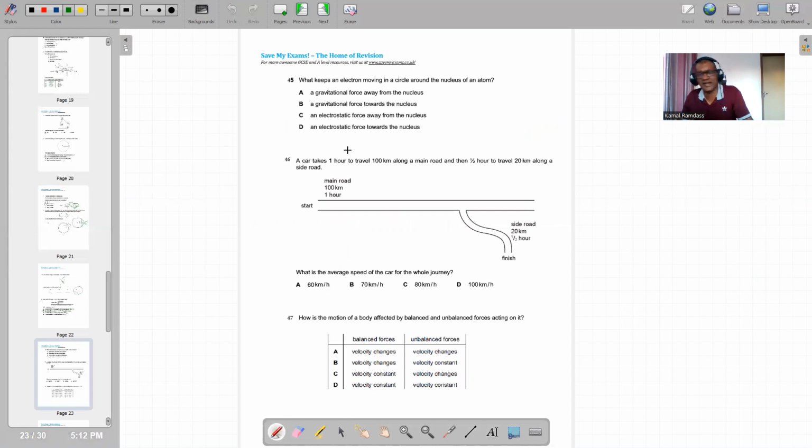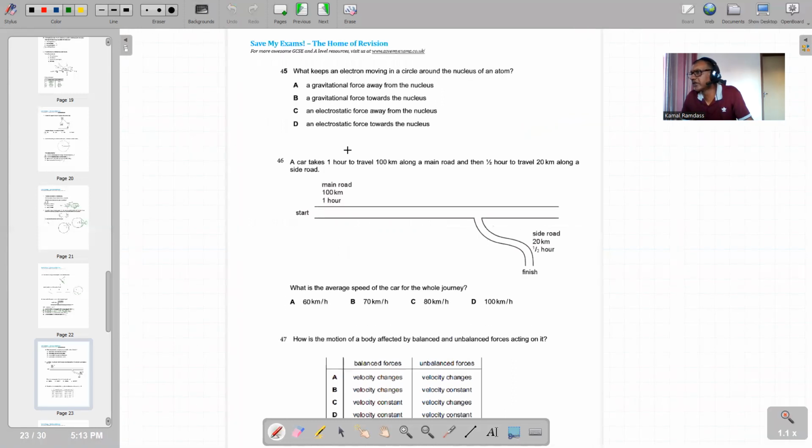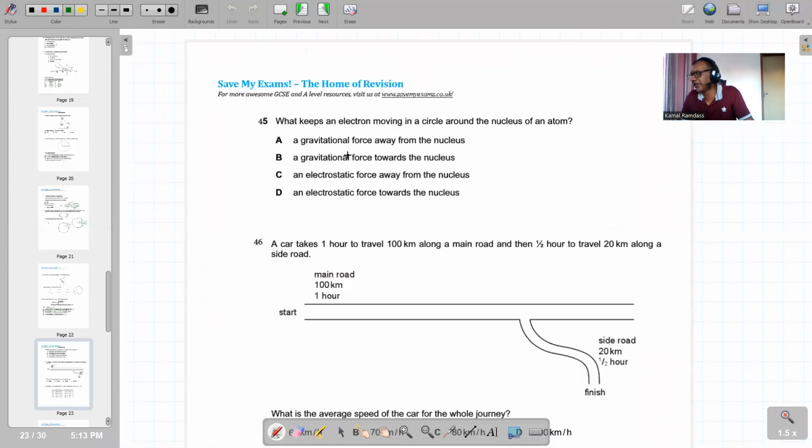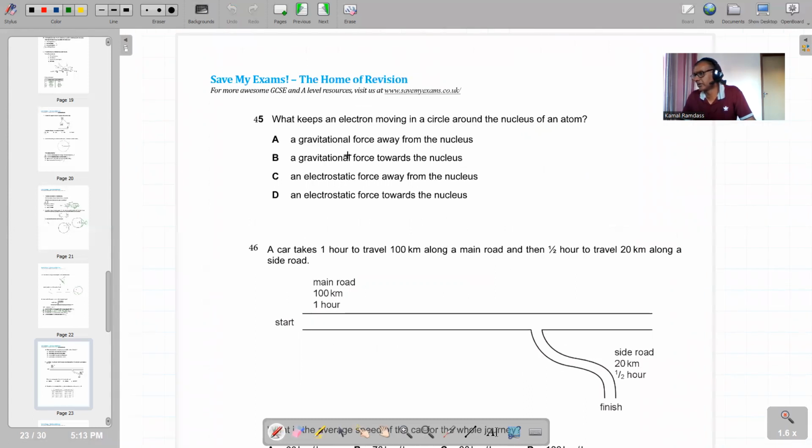What keeps an electron moving in a circle around the nucleus of an atom? Électron, charge négative, et proton, c'est nucléus, c'est positively charged. Bien sûr, électron a de la masse, proton aussi. Ça veut dire, nous avons une gravitational force et un electrostatic force also.